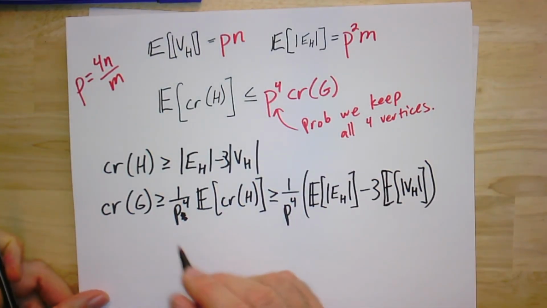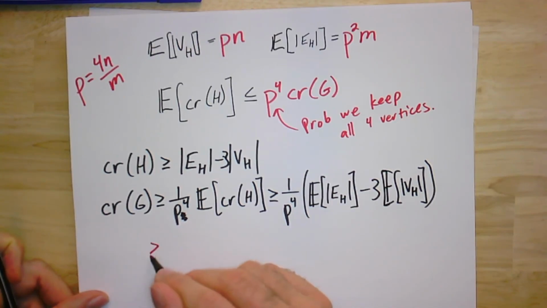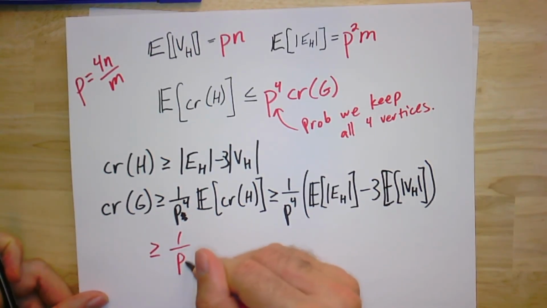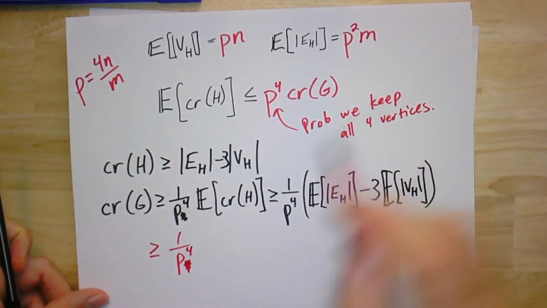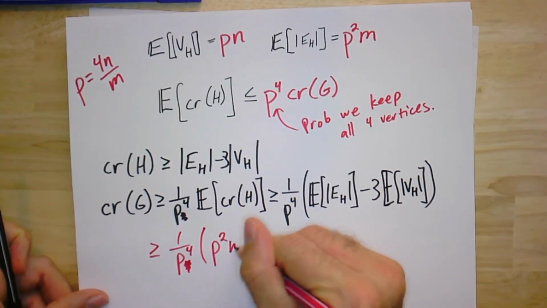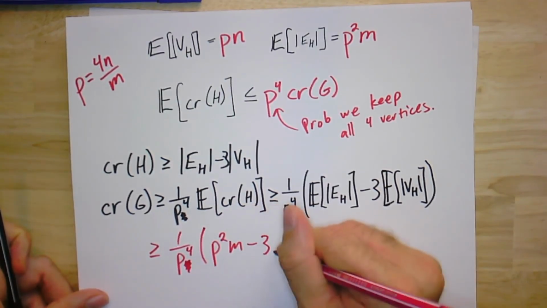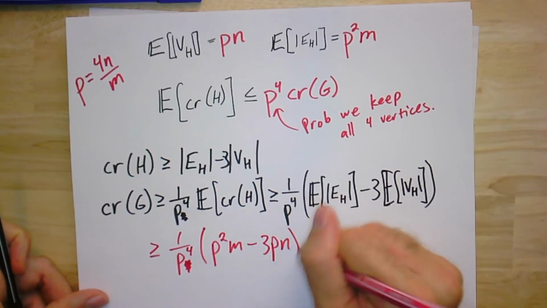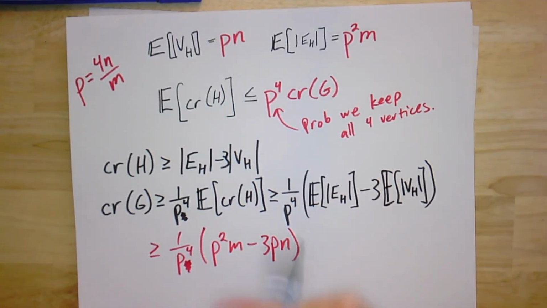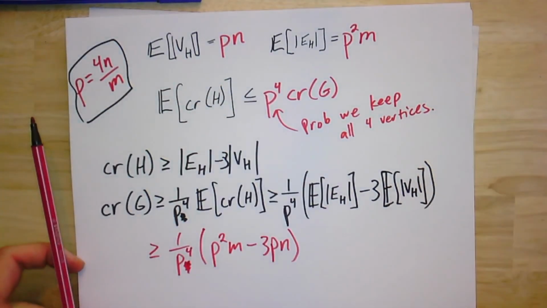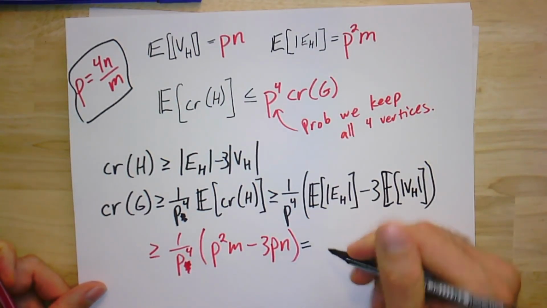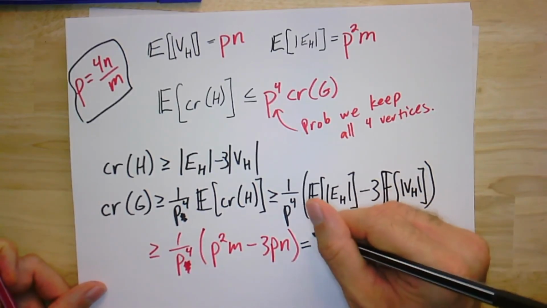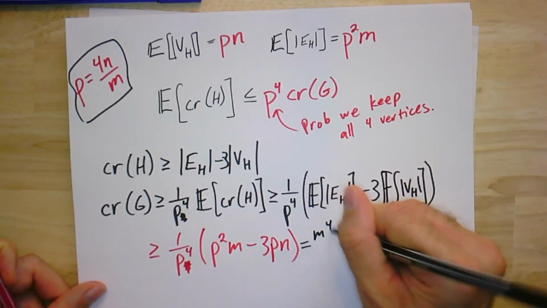This is then 1 over p to the fourth times the expected number of edges, which was p squared times m, minus 3pn. Plugging in this value for p and canceling everything out, I could do it out if you like.